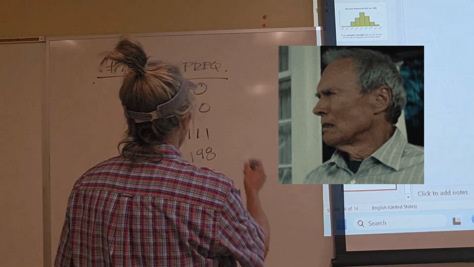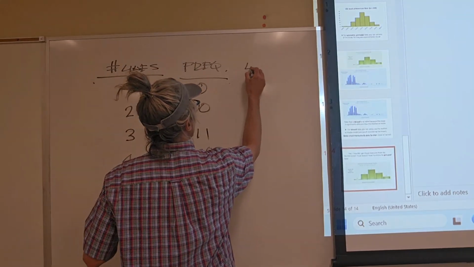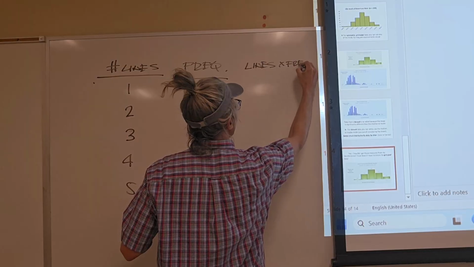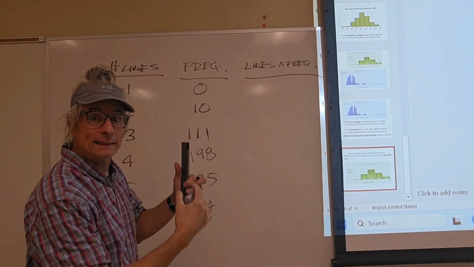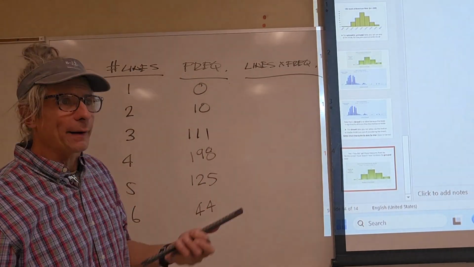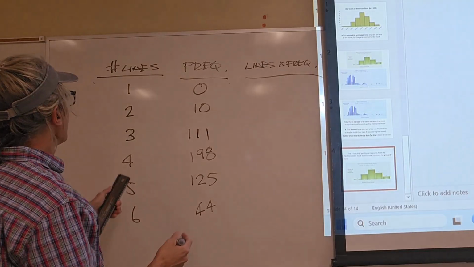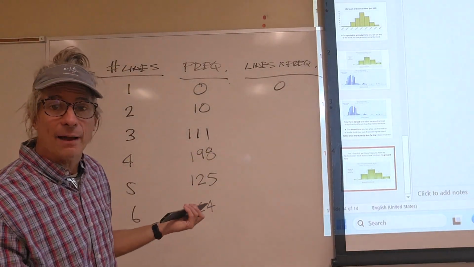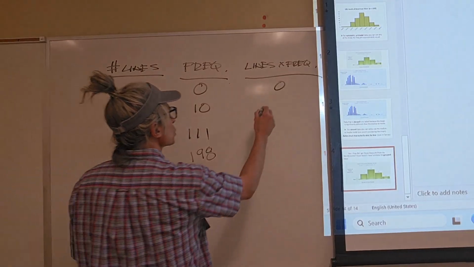So anyway, one more column. Lines times frequency. And what this is going to do is it's going to get us to adding all the data up without having to actually add all the data. So 1 times 0 is just going to be 0 because I didn't have any ones. 2 times 10 is 20.